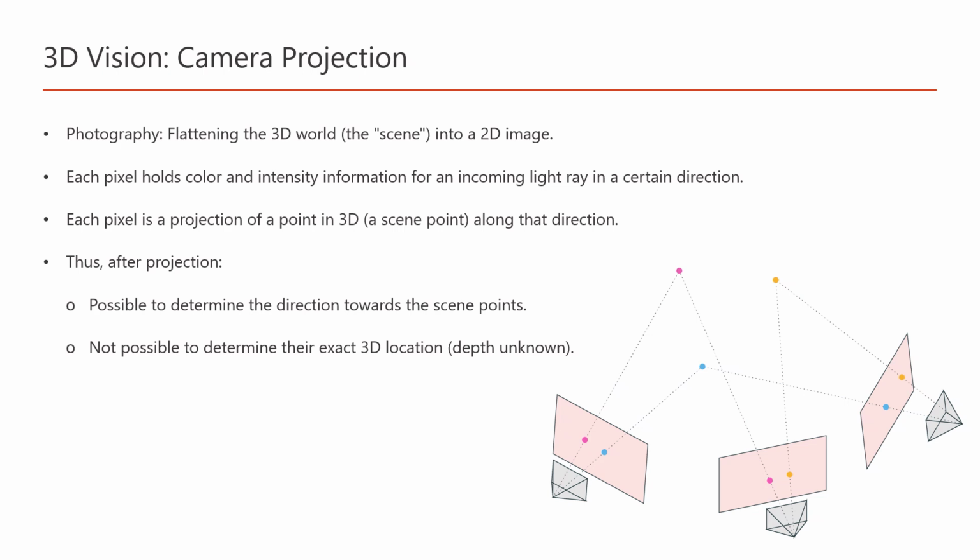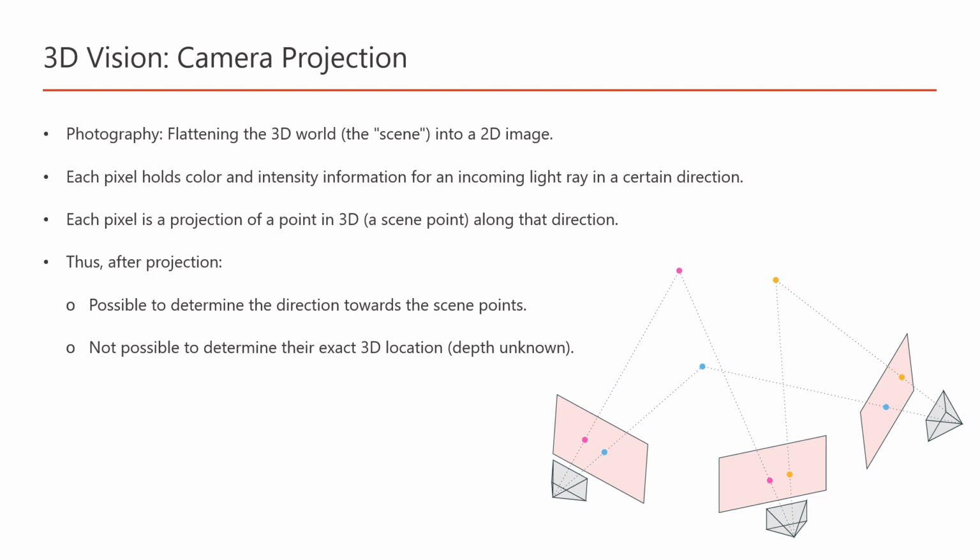And after you have projected a 3D point via a light ray, we are often interested in, based on an image, actually determining things about the 3D reality and going backwards in this projection process. And this is not immediately possible. So the thing that we have lost here is the depth.